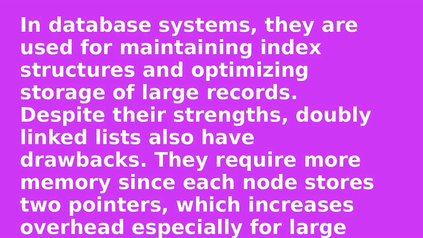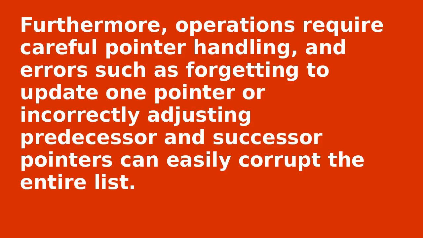Despite their strengths, doubly linked lists also have drawbacks. They require more memory since each node stores two pointers, which increases overhead especially for large datasets. Furthermore, operations require careful pointer handling, and errors such as forgetting to update one pointer or incorrectly adjusting predecessor and successor pointers can easily corrupt the entire list.